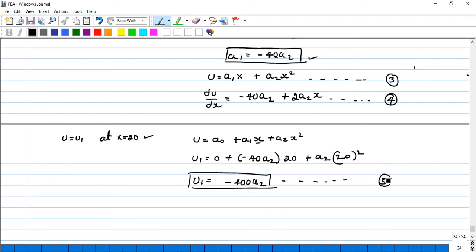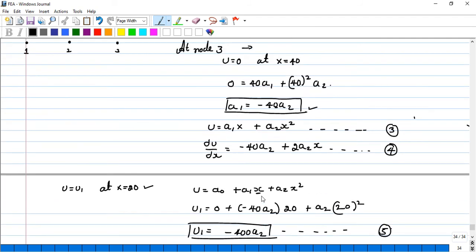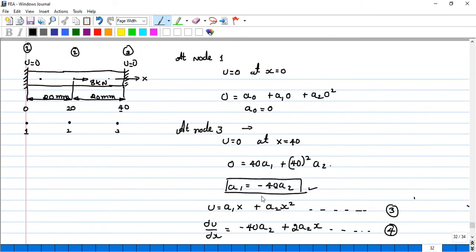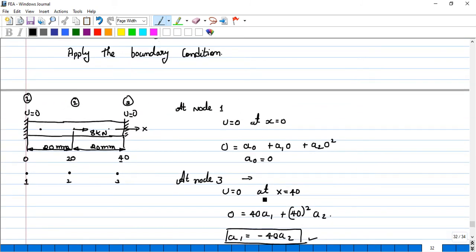I will repeat this explanation so that you are not confused. First we considered node 1. At node 1 u is 0, x is 0. When I substitute these two values in the equation u is equal to a0 plus a1x plus a2x square, I am able to identify that a0 will be 0.